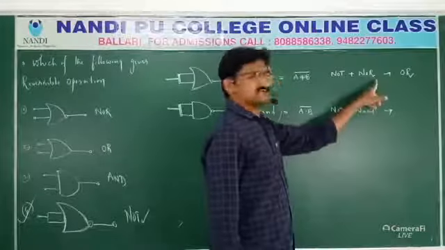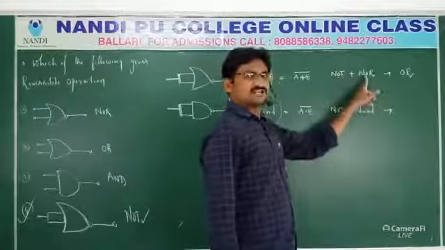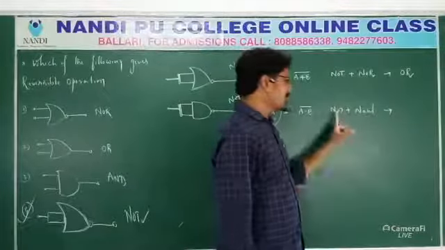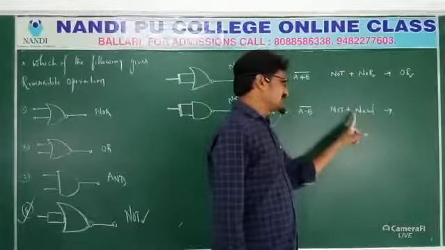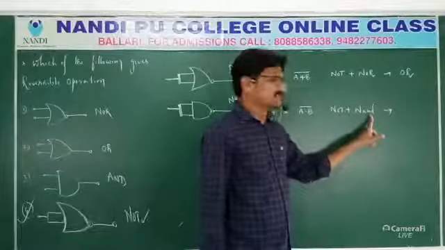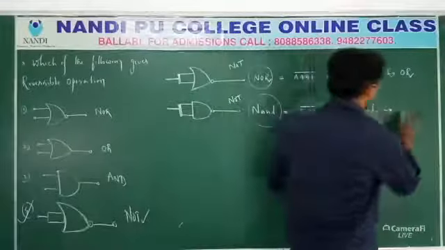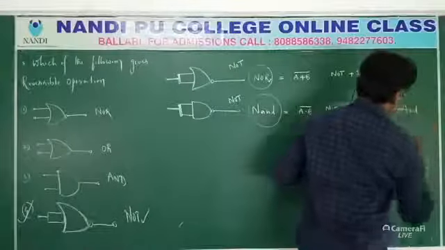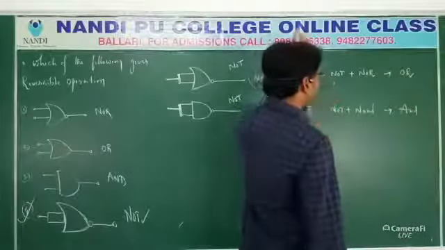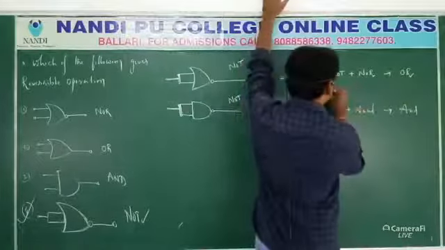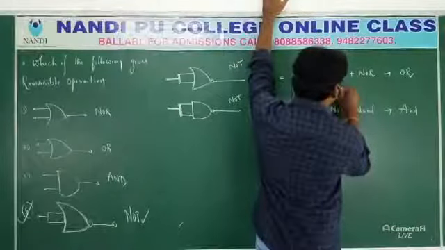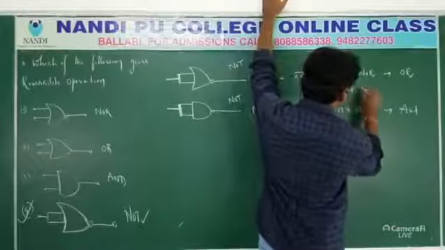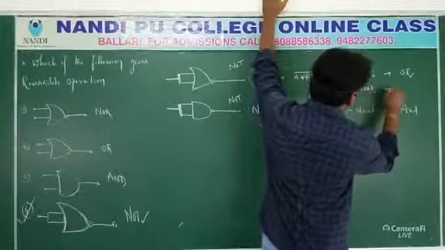NOR is NOT plus OR, again NOT, NOTs cancel, remains OR. NOT plus NAND: NAND means NOT plus AND, so the NOTs cancel, remaining AND.